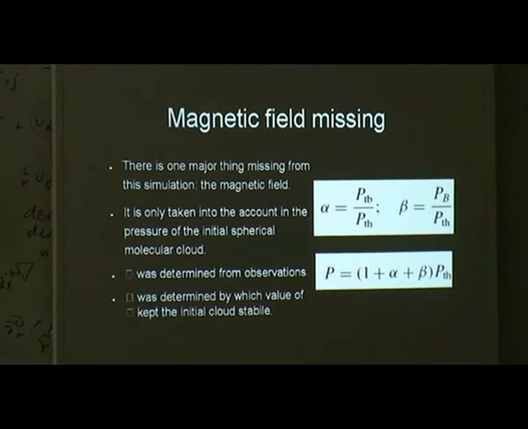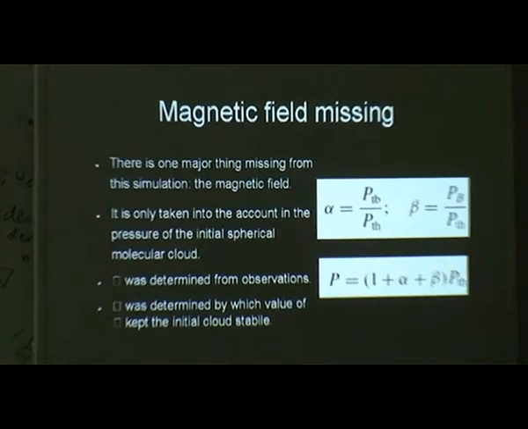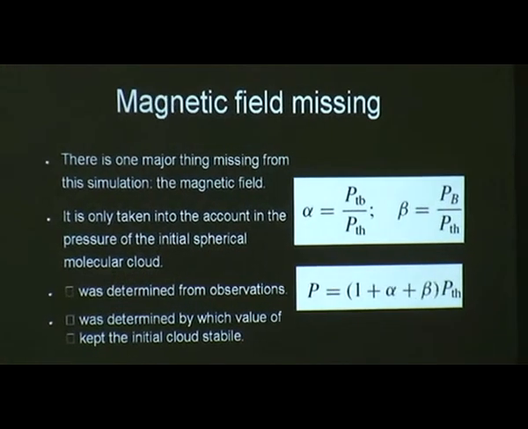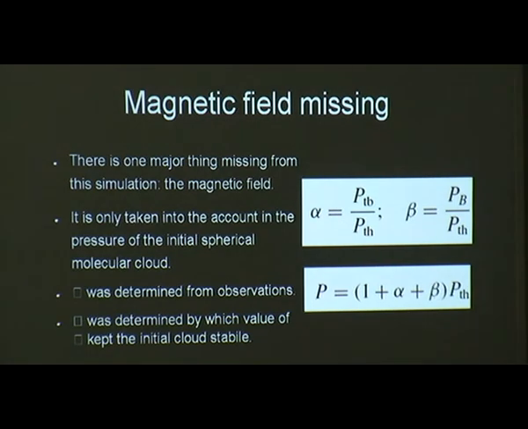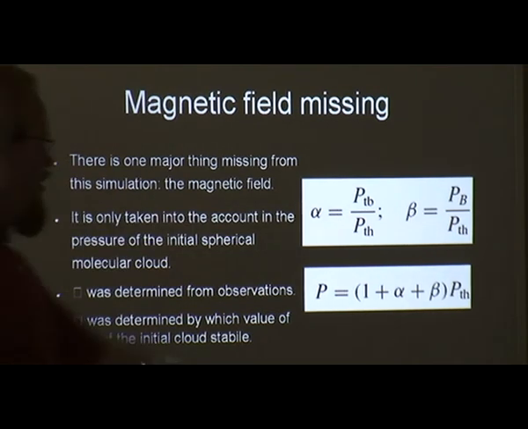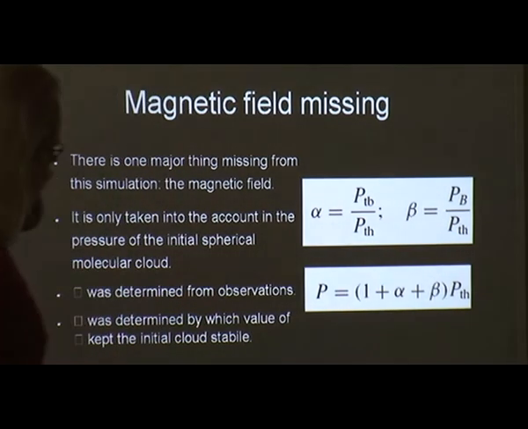One thing I found interesting was that there isn't a magnetic field taken into account. There's only, in the initial cloud, this pressure, where there was the normal thermodynamical pressure, but also some kind of turbulent and magnetic pressures.